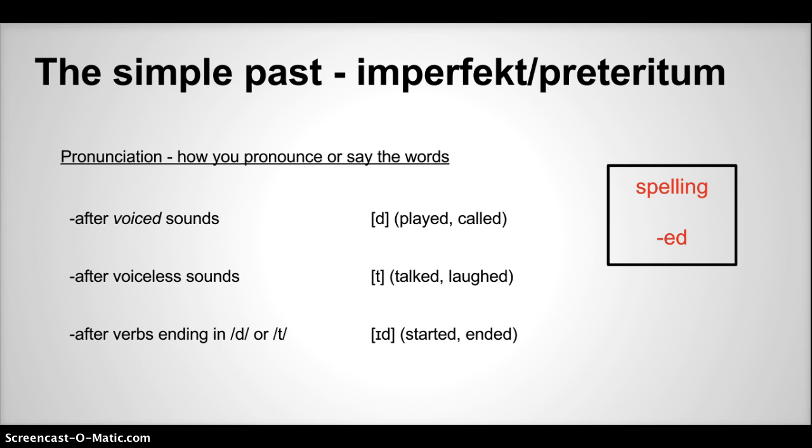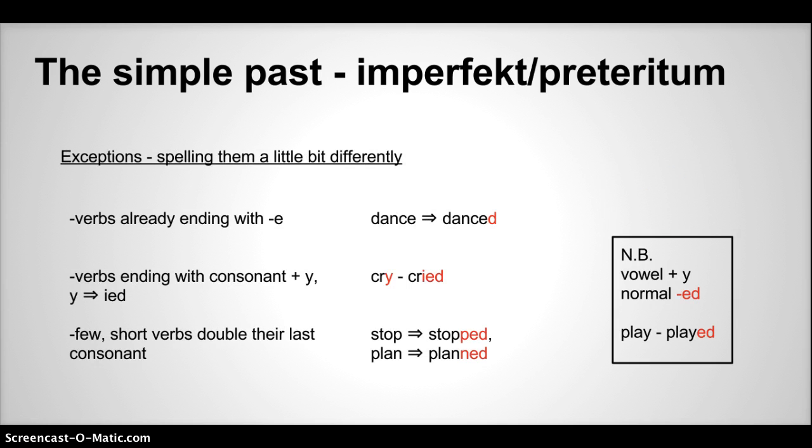Now, let's look at some of them, the forms that are not spelled in the same way. There are a few different ways to spell it as well, just tiny things. The first one is about verbs already ending with an E, as in dance. You don't need to add an extra E, you just add the D. Dance turns into danced. No problem, right?